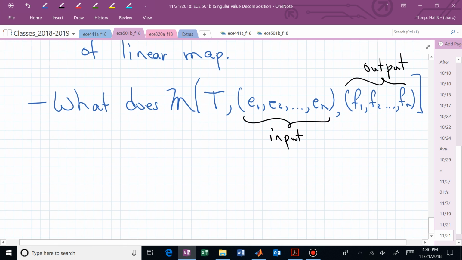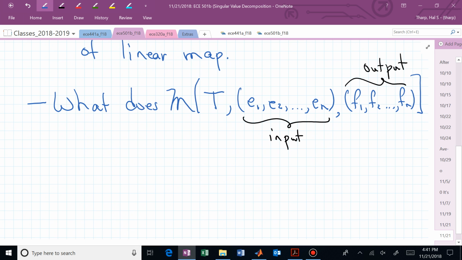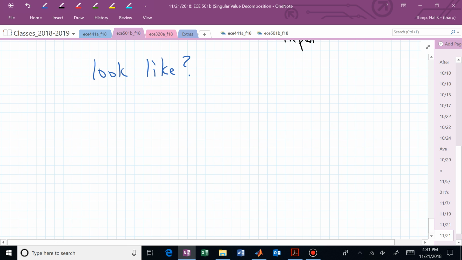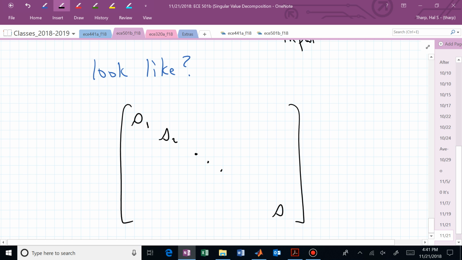What does that matrix representation actually look like? In fact, that gets us back to a nice matrix representation. It actually produces a diagonal matrix with the singular values on the diagonal of that matrix, where our input basis are the E's and the output basis are the F's.